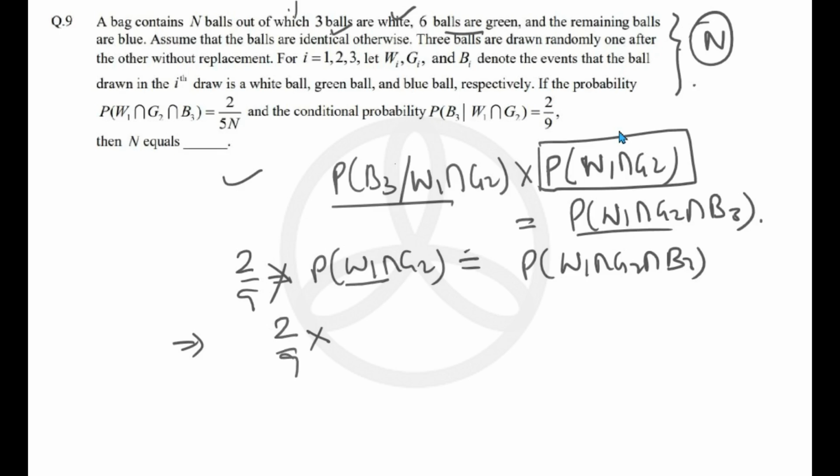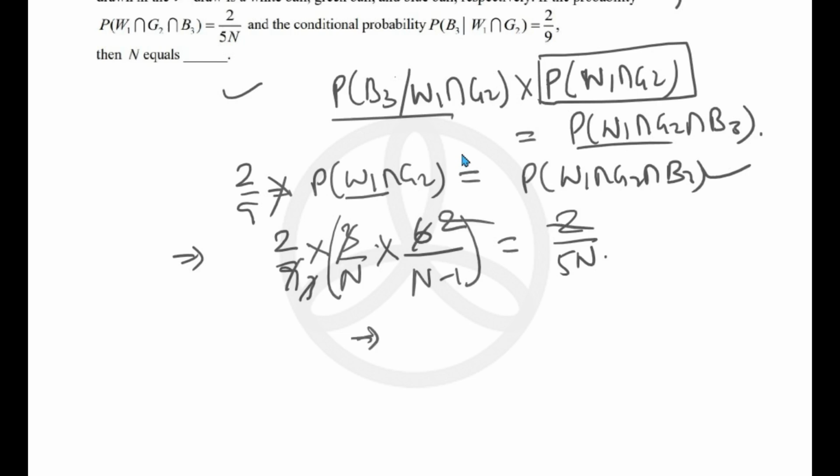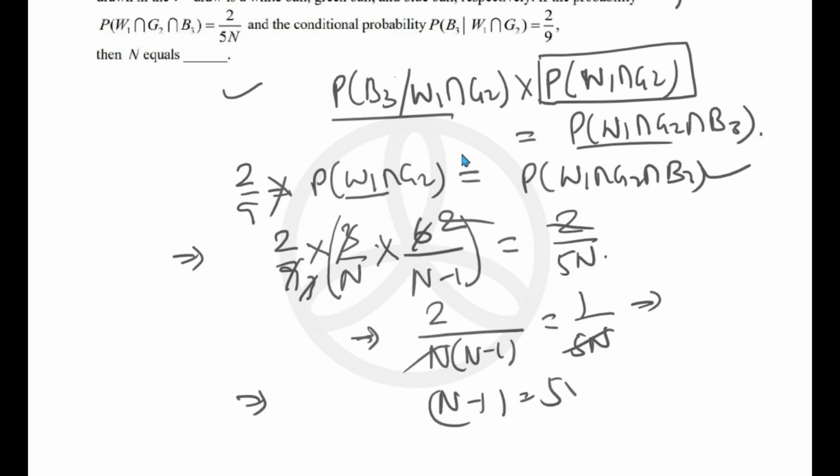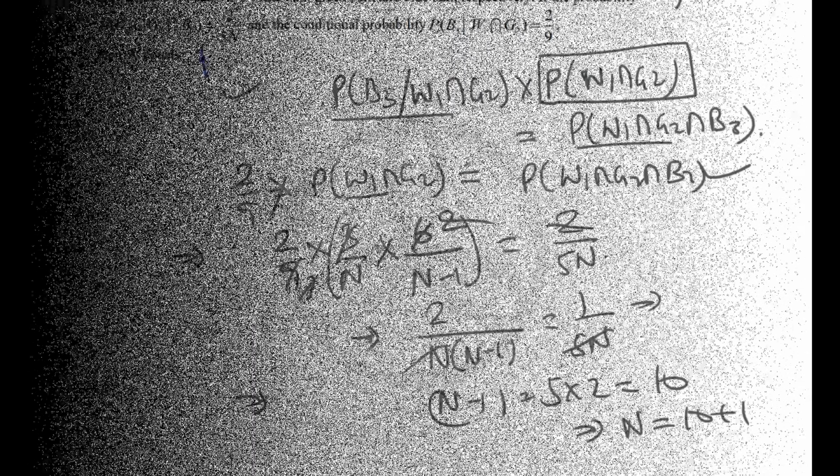Out of n we take 3 oblique, and then the number of balls remaining in the bag will be n minus 1, and the probability of this occurrence, this is given as 2 oblique n minus 1 is equal to 1 oblique 5, and this gives n minus 1 is equal to 5 into 2 is equal to 10, so n will be 10 plus 1. The answer for this will be n is equal to 11.